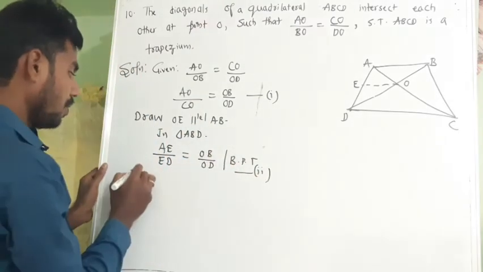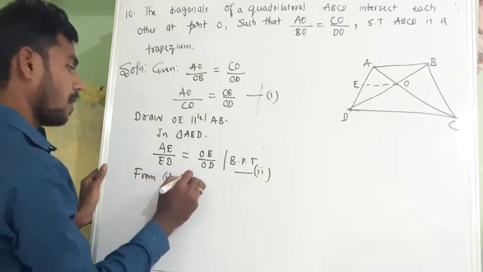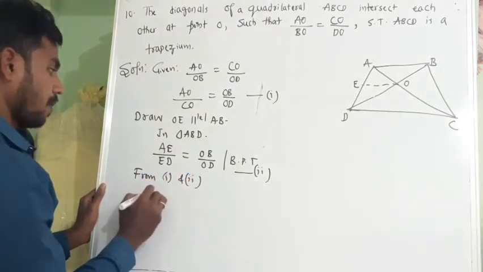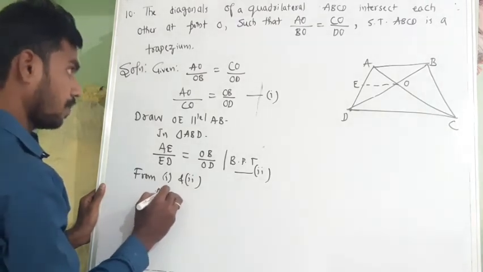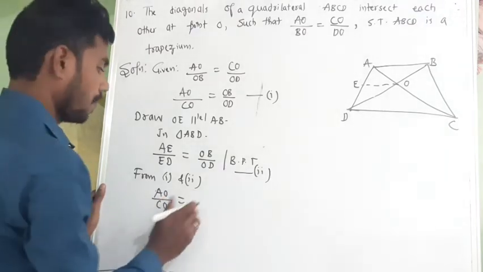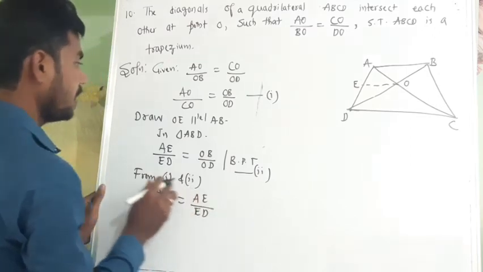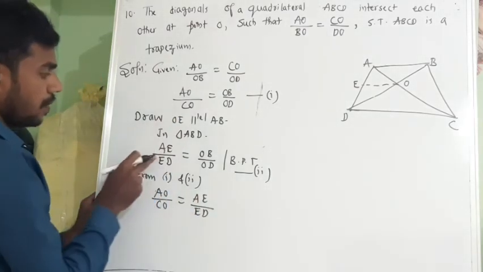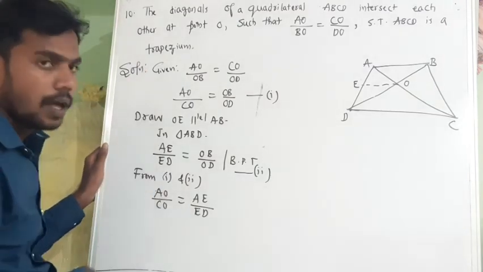From 1 and 2, what can I write? AO by CO is equal to AE by ED. Can I write this? Yes, because the right hand side is equal, I can equate the left hand side.